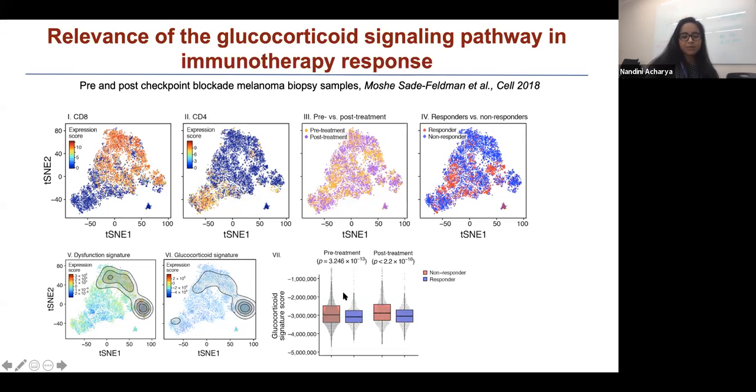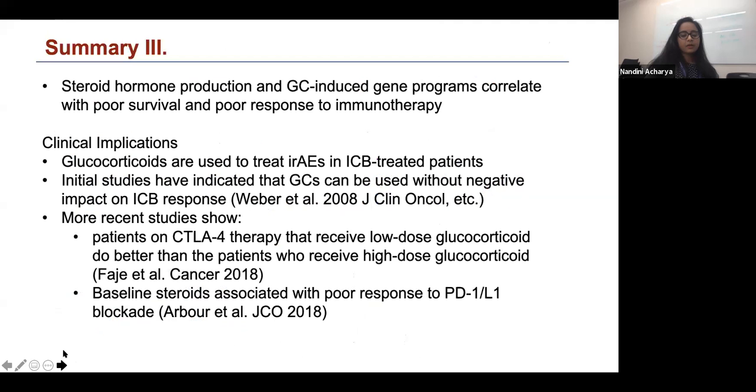But the most interesting part was that the patients who had higher enrichment of glucocorticoid signature were non-responsive to checkpoint therapy in both pre and post-treatment samples. So with this, I'll conclude my third part, where we saw that steroid hormone production and glucocorticoid-induced gene programs correlated with poor survival and poor response to immunotherapy.